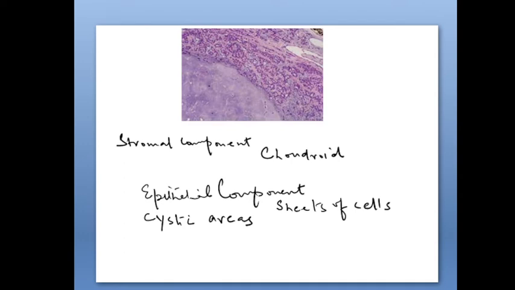Here in this picture, the stromal component is prominent. It is a modified stromal component. This is chondromyxoid component, mostly consisting of chondroid areas, and here this component contains small cystic spaces surrounded by sheets of cells.